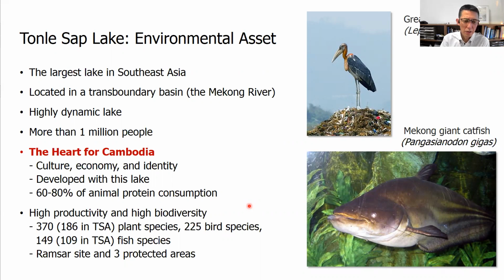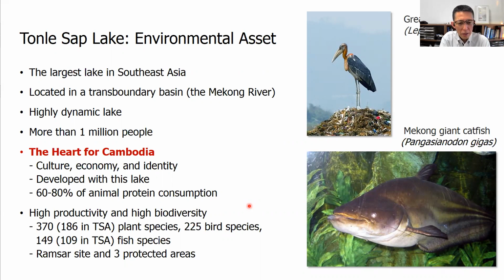Statistics show more than half of the animal protein is coming from the freshwater lake. This is probably the highest in the world. So Cambodian local culture, economy, and identity are coming from this lake. That's why people call it the heart of Cambodia.